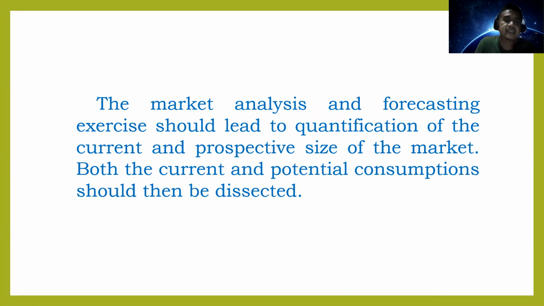Now, the market analysis and forecasting exercise should lead to quantification of the current and prospective size of the market. Both the current and potential consumption should then be dissected.